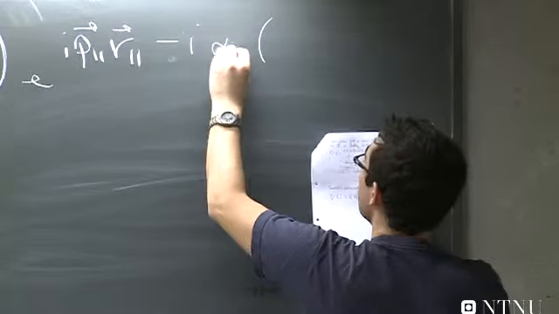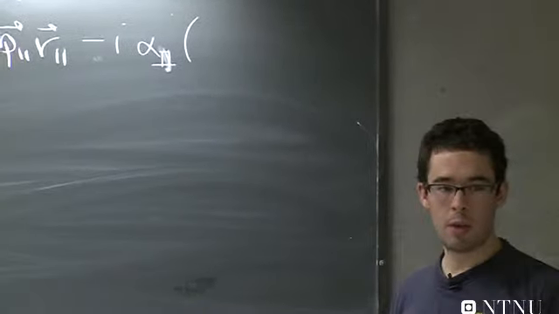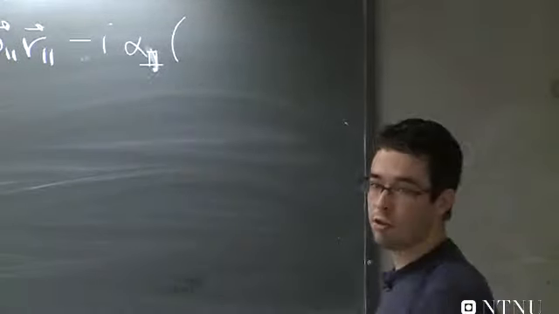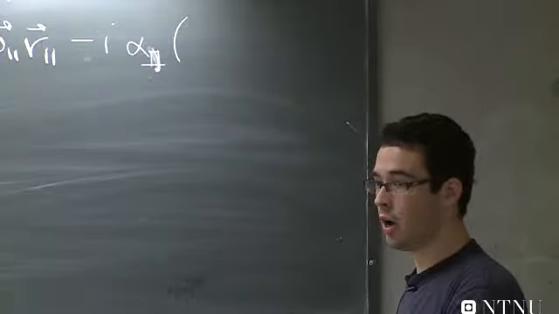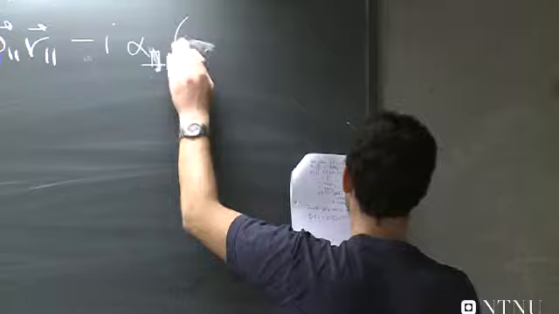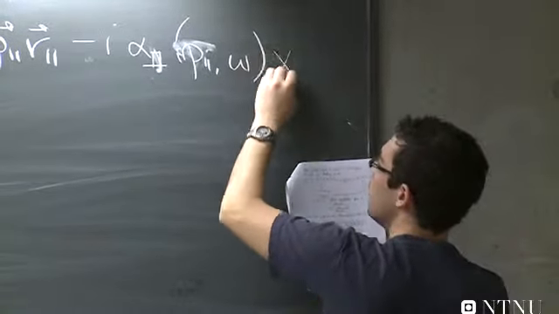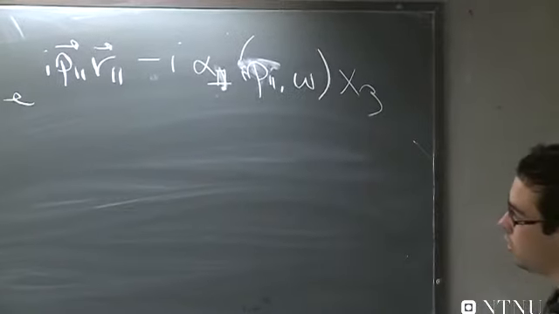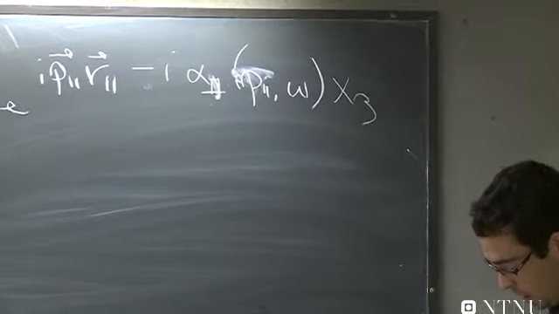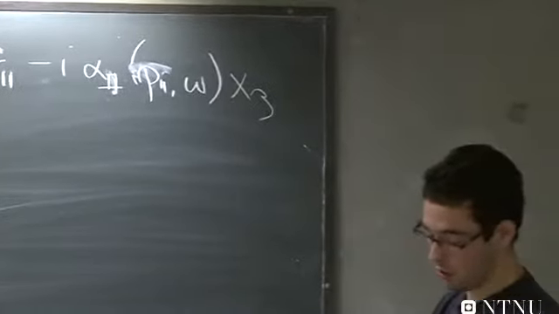Of course, in the alpha there's an epsilon and a mu, and I put that into the alpha, saying that alpha 2 has the other epsilons and mus, p parallel, omega. Okay. Right, I hope that was clear.